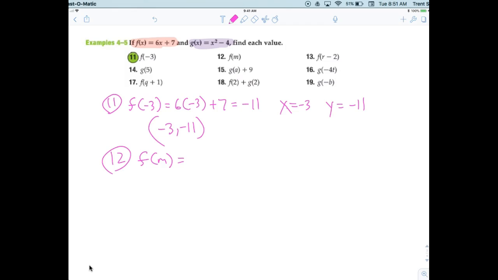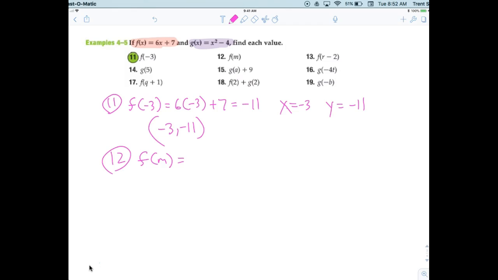Yes, that's the same thing. It doesn't matter if it's simple or complicated. The complicated have the same rules as the simple. So now we have a letter and not a number, so somebody's like, oh my gosh, what do I do? Does anything change? Wherever you see an x, you put an m.